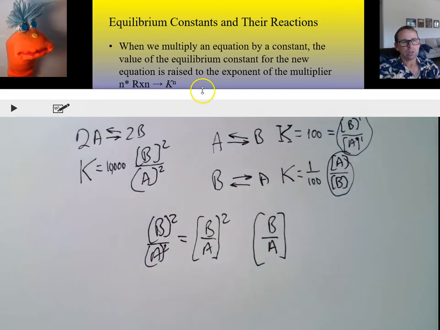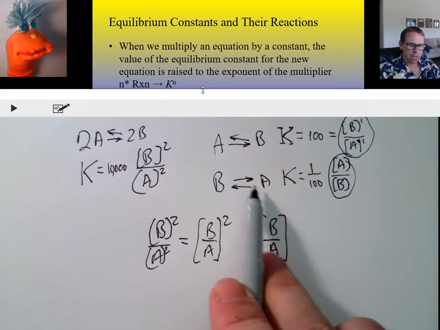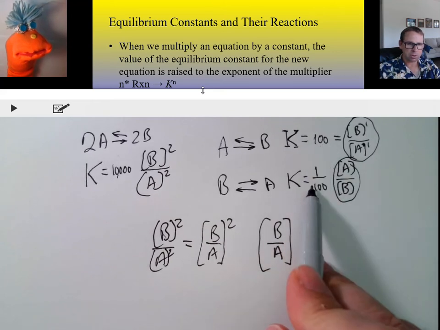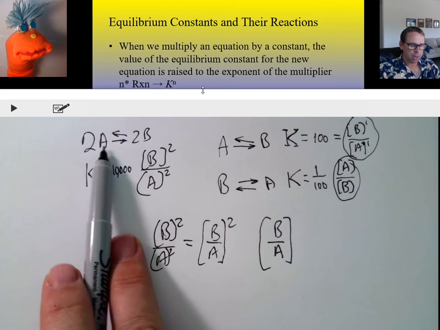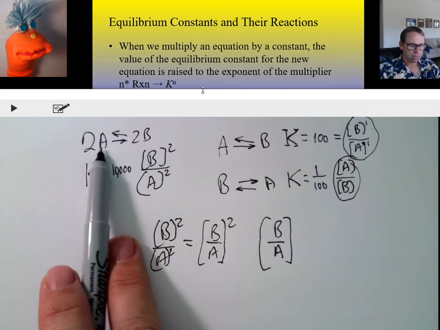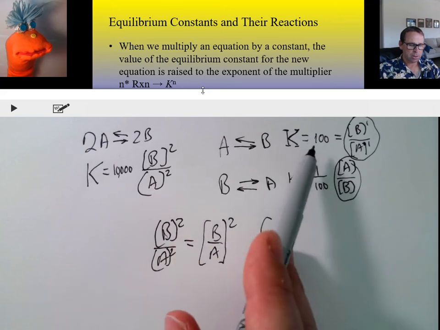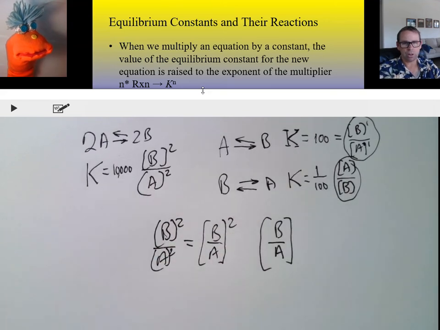All right, so we reverse the reaction and try to find the equilibrium constant. It's going to be the inverse. We double the reaction and try to find the equilibrium constant. It's going to be that equilibrium constant squared.